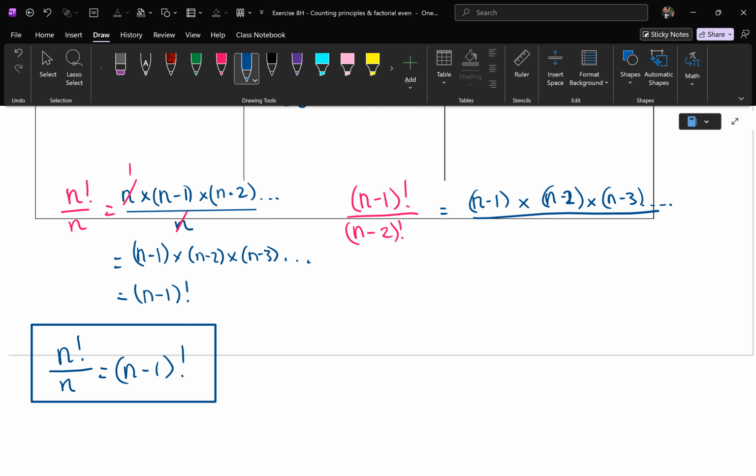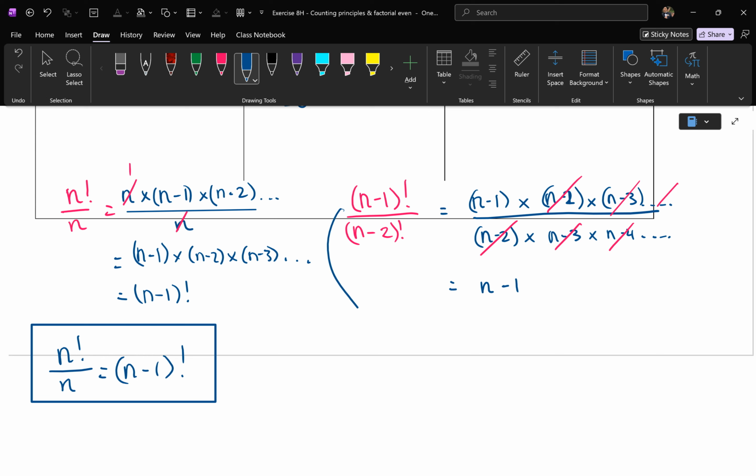Then you can see on the bottom, it's n minus 2 factorial, which means n minus 2 times the one below it, which is n minus 3, because you're minusing 1 to it, and then n minus 4, and so forth. But hopefully you picked up a pattern here. Notice that again, these two are the same, these two are the same, and it will infinitely be the same there. So what are you left with? You still have n minus 1.